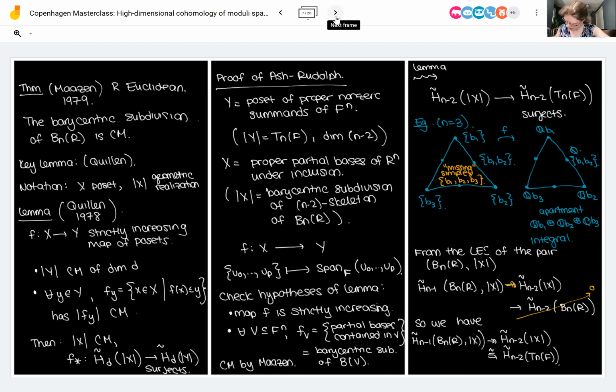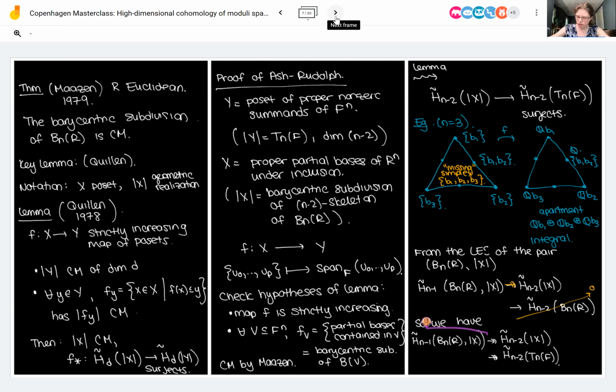Okay, so, oops, this is supposed to be a surjection. So here, this surjection is by Quillen's lemma. This surjection is by the exactness of the sequence. But great, this group we understand, because X is exactly the codimension 1 skeleton of this partial basis complex.